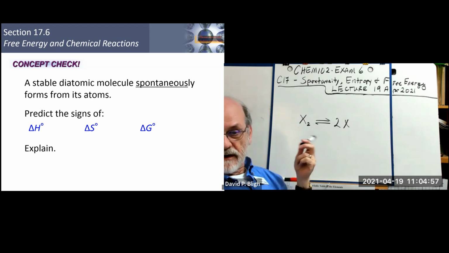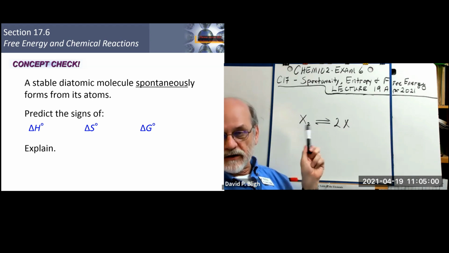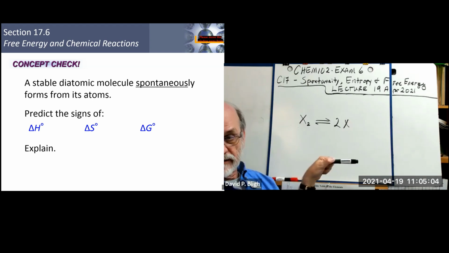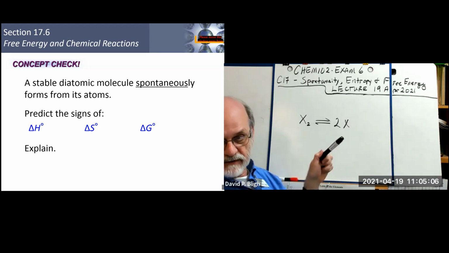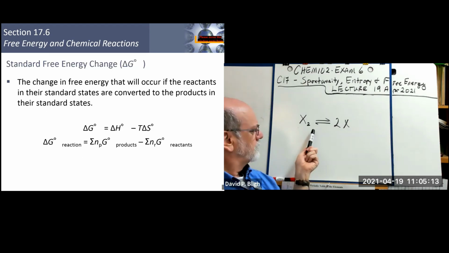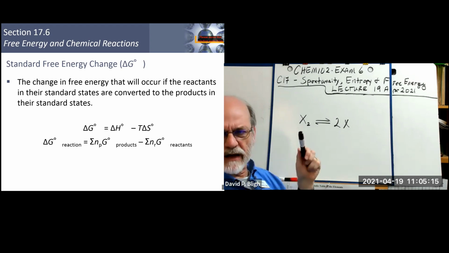All right. What is required here in terms of energy? In order to break that bond, you have to add energy, right? So delta H must be positive. You have to break the bonds.